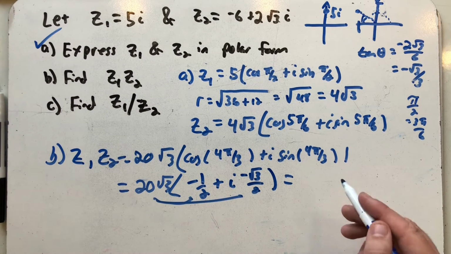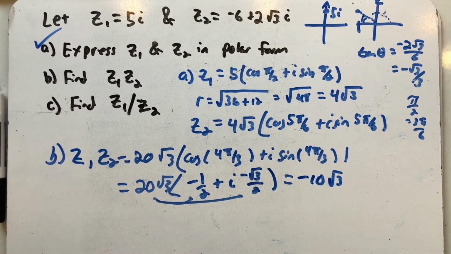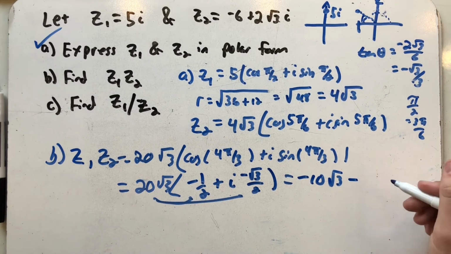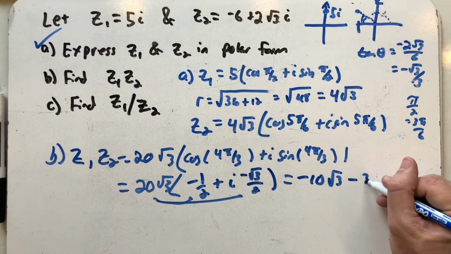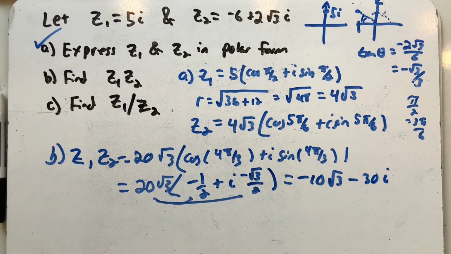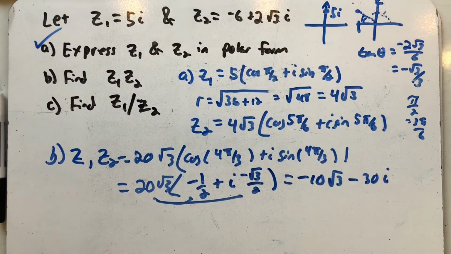So 20 divided by 2 there, I'm going to get a minus 10 root 3 as the real part, and then minus, let's see, 20 divided by 2 is 10, and root 3 times 3 would be 3, so minus 30i. And so now I've multiplied those two complex numbers, and I've written it down in this rectangular form, and I suppose there's any number of ways to also think about that. I could just think about distributing through this one, and I don't think that would be that hard, and it's a good way of confirming my answer here.